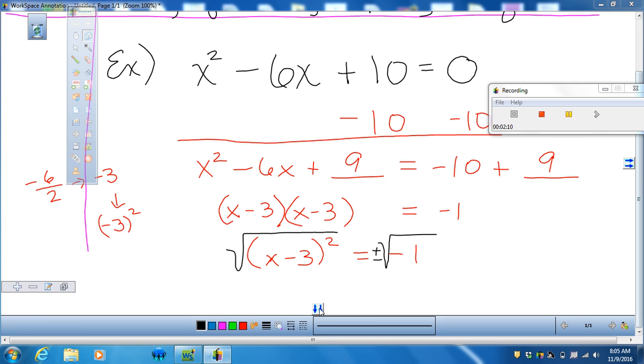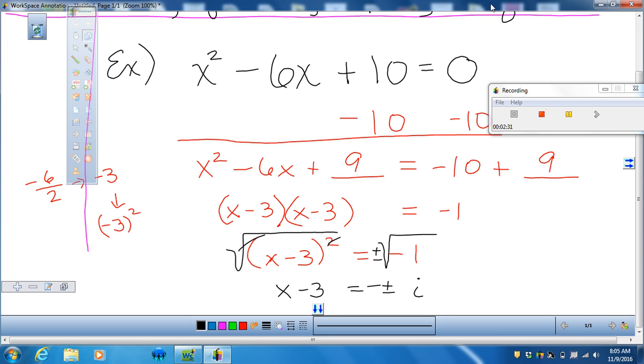Now that I've done that, square root of x minus 3 squared is x minus 3. We can go ahead and get rid of the parentheses. On the other side, square root of negative 1 is i. So because of that negative, we're going to get an imaginary number out of the situation.